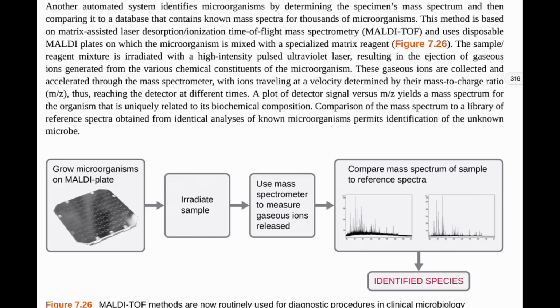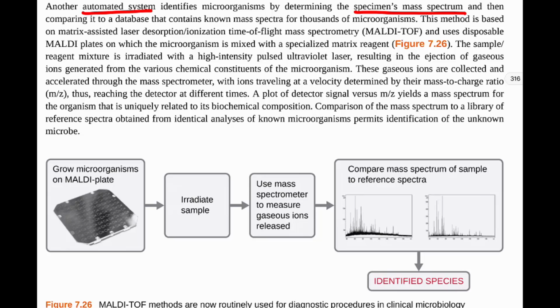One of these automated systems that identifies microorganisms determines the specimen's mass spectrum. If you've taken some chemistry courses, perhaps you've talked about mass spectrometry. We won't go into it in detail here.